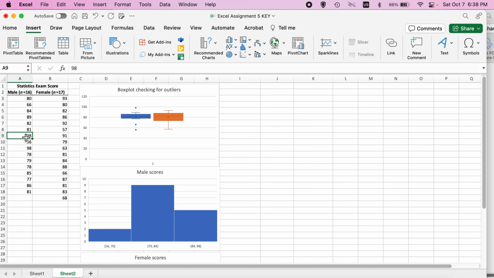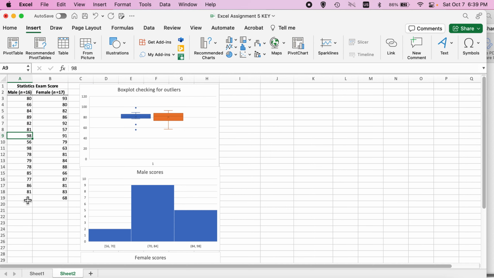Even if it is considered an outlier because of this box plot, do we keep it? I would keep these in. There's no reason to exclude them, because there's nothing here indicating to me that these are going to be a problem.